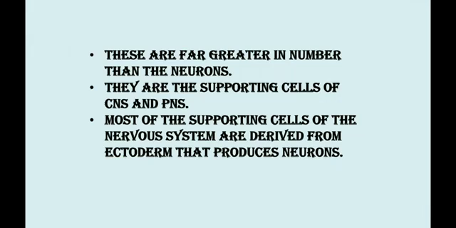Therefore, they are called the peripheral nervous system. Most of the supporting cells of the nervous system are derived from ectoderm, which produces the neurons. That means neurons are produced through ectoderm, and these cells are also produced from ectoderm.